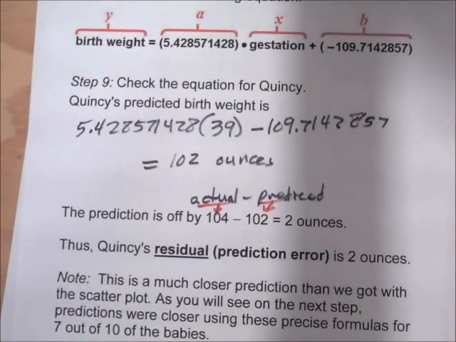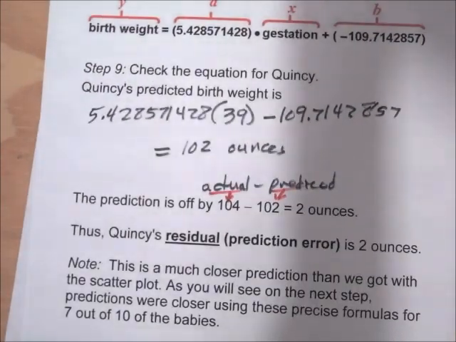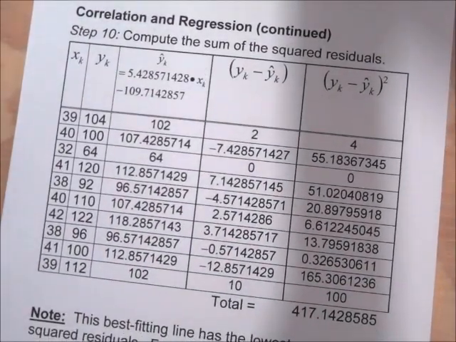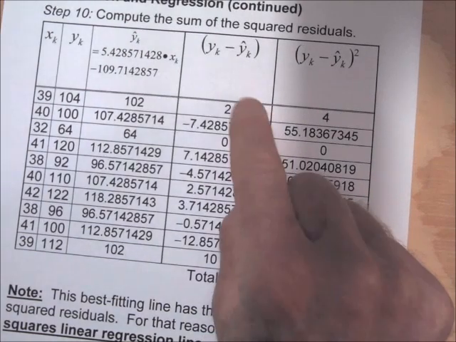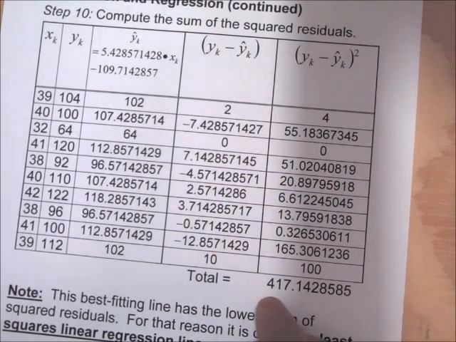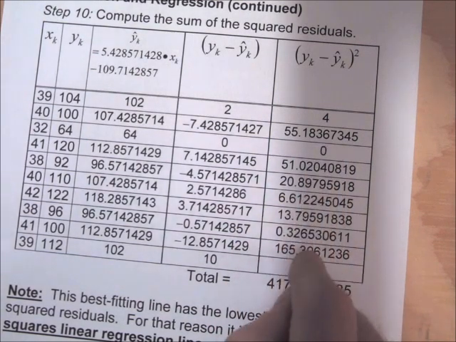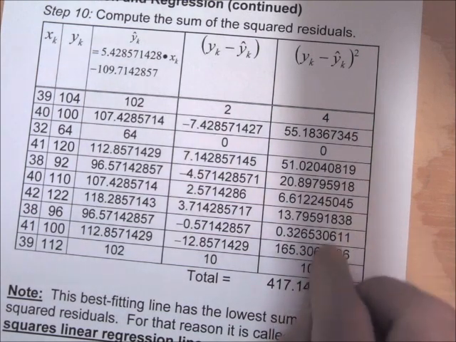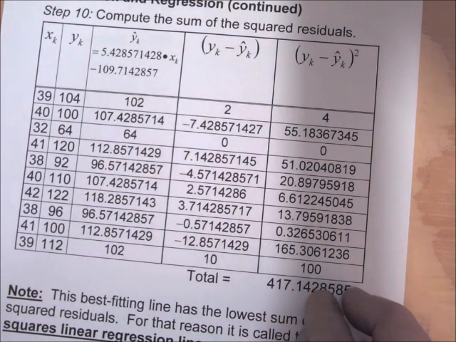And then we can do that same thing for each of the babies, get the prediction error. And the total of the prediction errors should be 0 if it's the best fitting line. The other criterion for the best fitting line is that the sum of the squared prediction errors is the smallest that it can be.